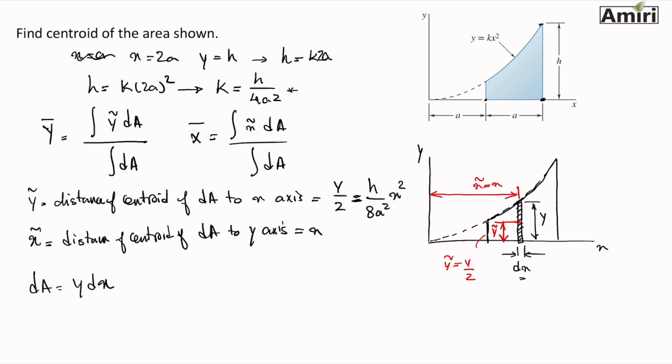Let's plug y in here right away. So it is h over 4a squared x squared dx.